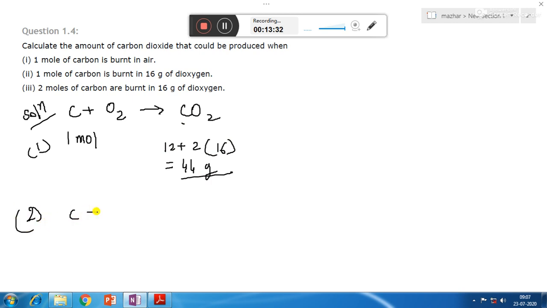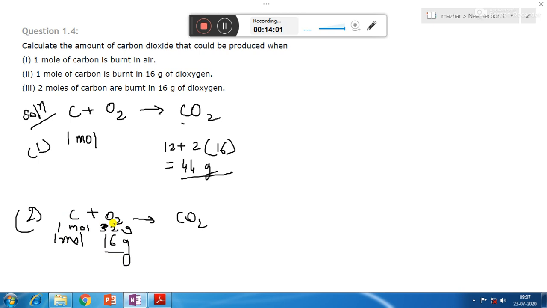Number 2. For number 2 again we have to write the same equation. Here it is written that 1 mole of carbon is burnt in 16 gram oxygen. According to the balanced equation, 1 mole of carbon reacts with 32 gram oxygen, because 2 oxygen are there, so 32 gram. But here instead of 32 gram we have only 16 gram oxygen.